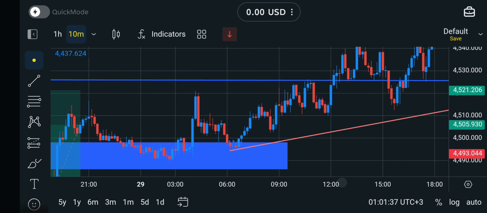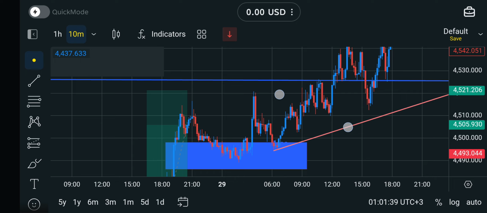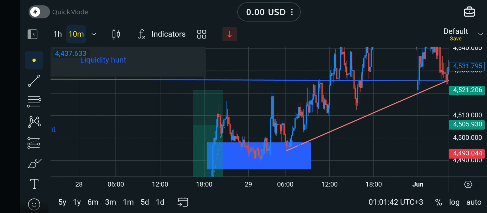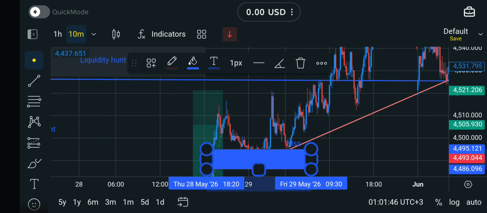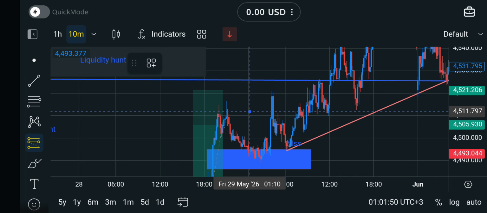That's a fair value gap. I'm talking about entering trades on fair value gaps. The market fluctuates, then go short.